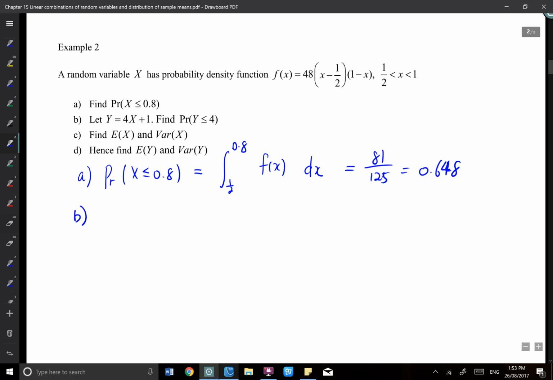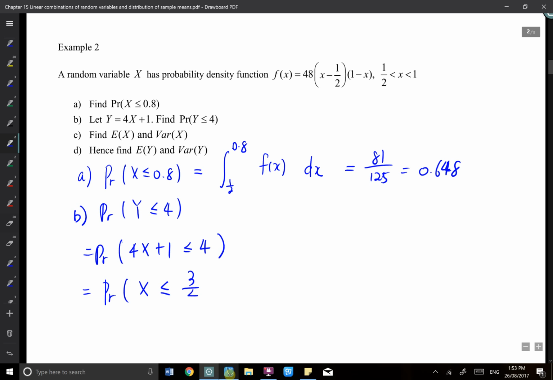Okay, B. Let y equal 4x plus 1. So you want to find the probability y less than or equal to 4. That is the same as finding the probability 4x plus 1 is less than or equal to 4. That's the probability that x is less than or equal to 3 on 4, right?